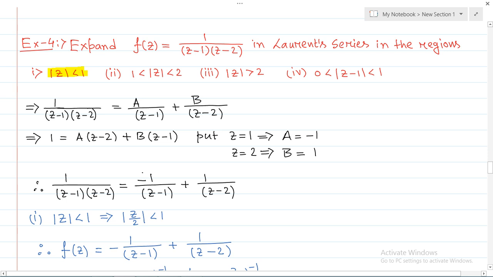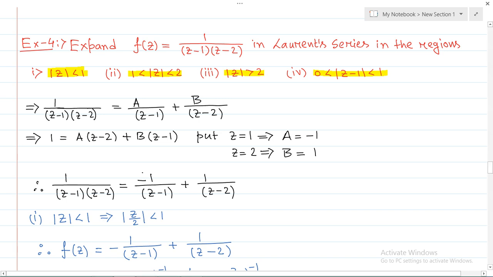First region is mod z less than 1, a circle; inside the circle. Second region is 1 less than mod z less than 2. Third region is mod z greater than 2. Fourth region is 0 less than modulus of z minus 1 less than 1. In the exam also you will get a question similar to this. The same type of 2-3 regions will be given, over which you have to find the Laurent series expansion.